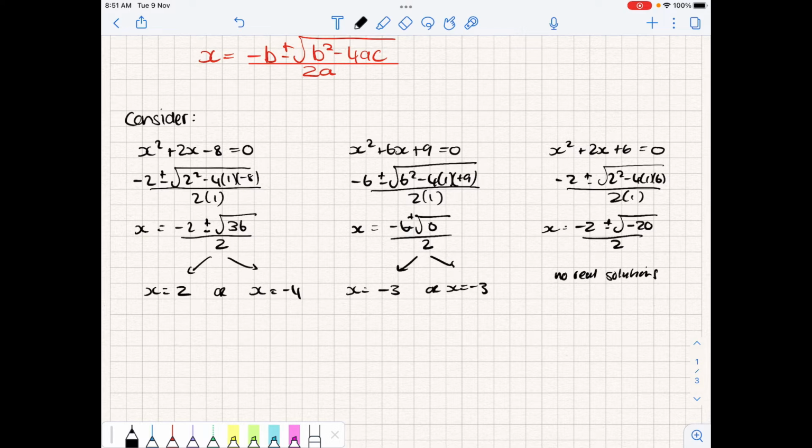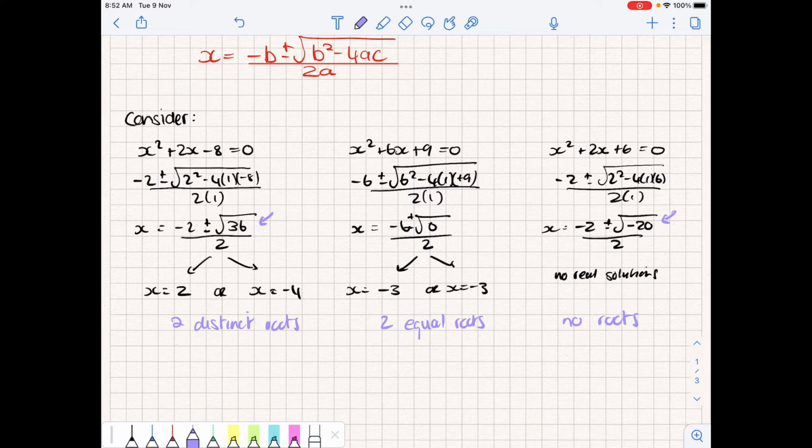So we've made some clear observations here. If we look at the number under the square root, when it was positive, we got two distinct roots. When it was equal to 0, we got two equal roots. And if it was a negative number, then we got no roots.